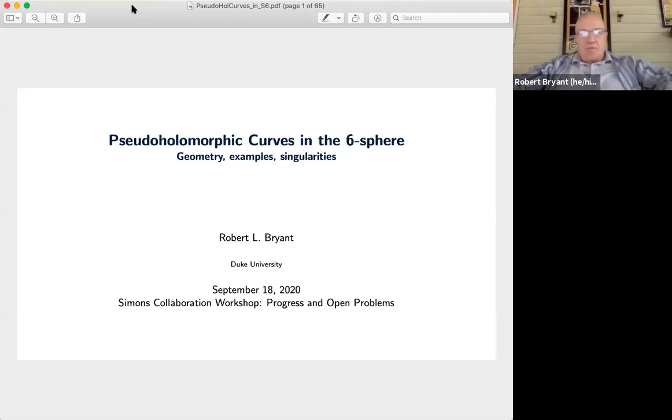But a good part of it, I'll need to review some of the background on what the pseudo-holomorphic curves in the sixth sphere look like.